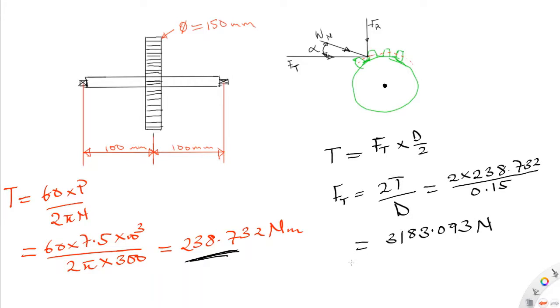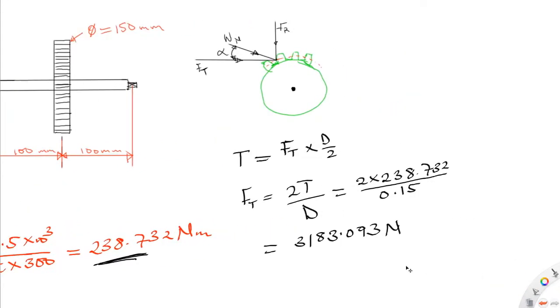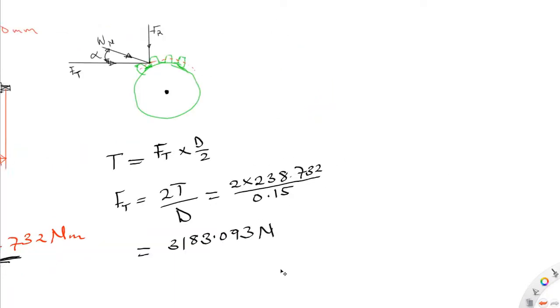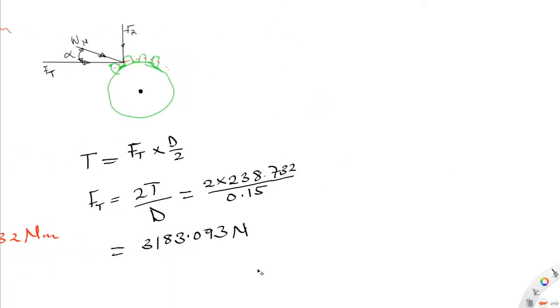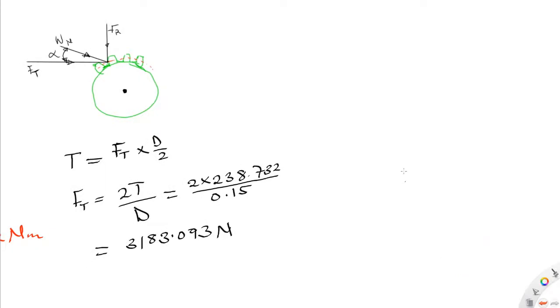Now, having obtained that, we can now determine the normal load on the face of the gear. All right. So the normal load on the face of the gear, we can determine by simply using trigonometry. In this case, here we have the Ft, which is the adjacent, and this is the hypotenuse, the normal load.